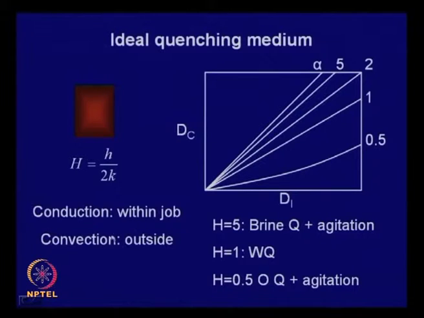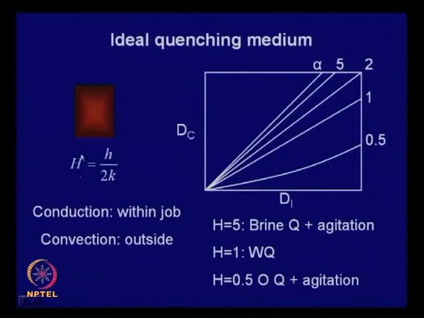That means, within the water, how fast we are able to take out the heat, and within the job, this rate will be determined by the conductivity of the material, the rate at which heat can flow from center to the surface.